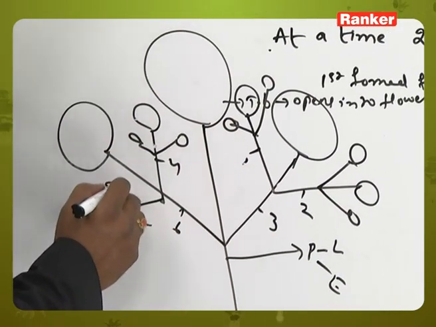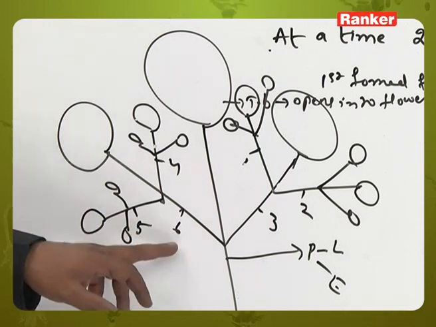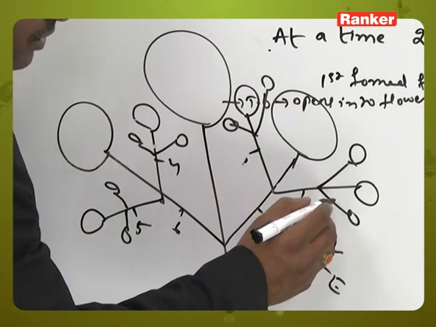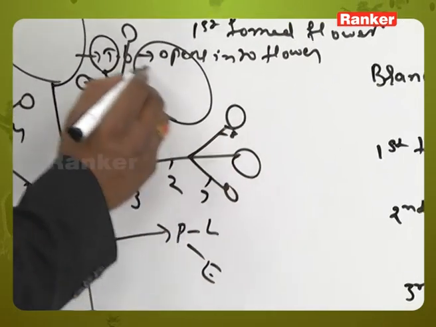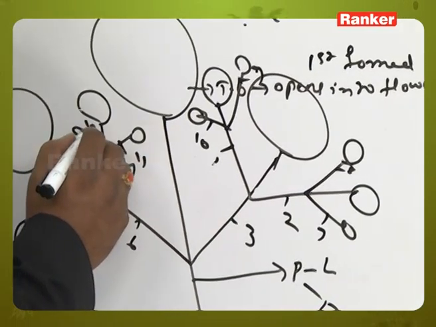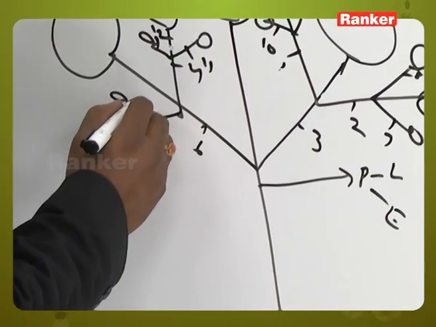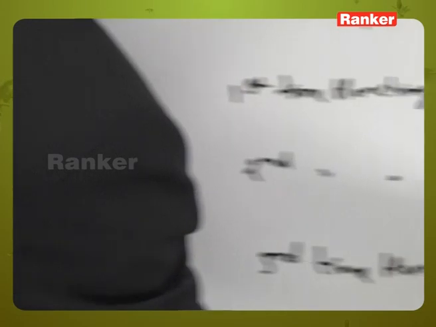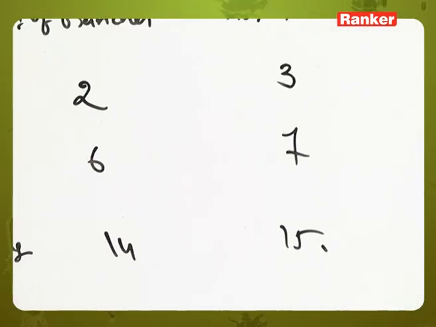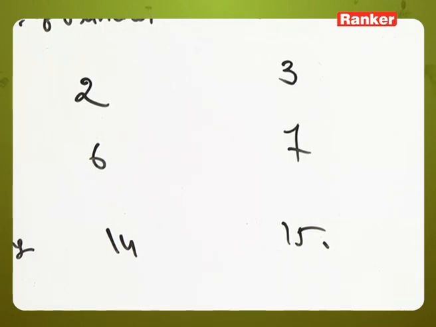Now how many branches are present? Here we already saw 6 branches. This is the 7th branch, 8th, 9th, 10th, 11th, 12th, 13th and 14th branches can be seen. How many flowers can be seen? 15 flowers can be seen in dichasial cyme.